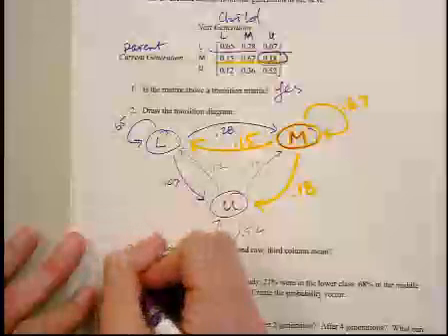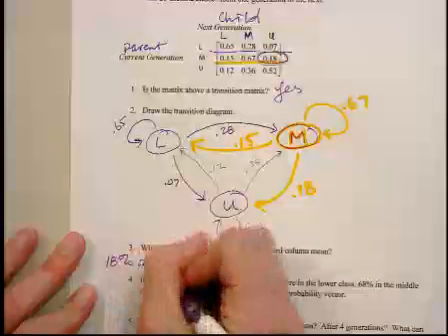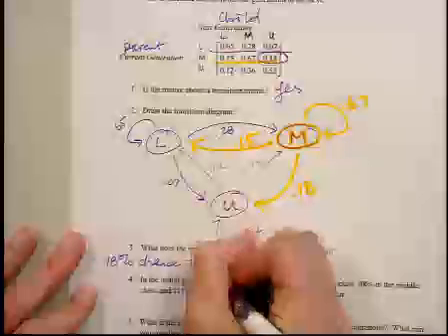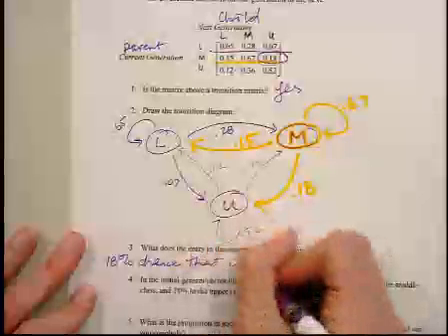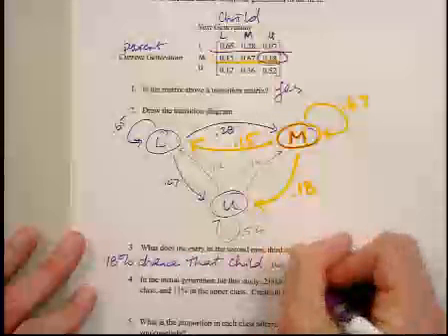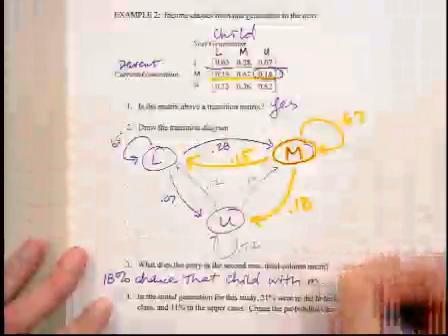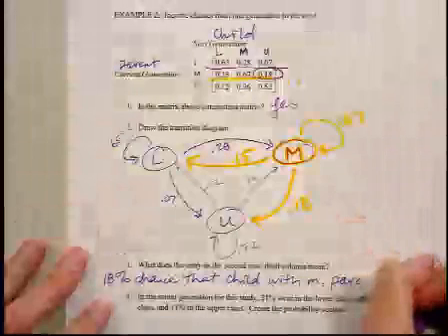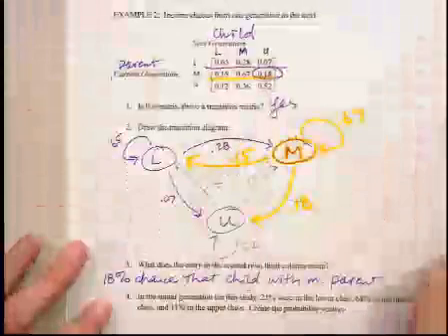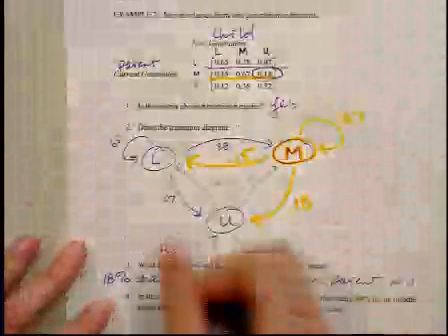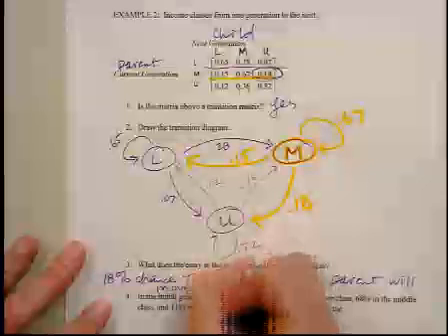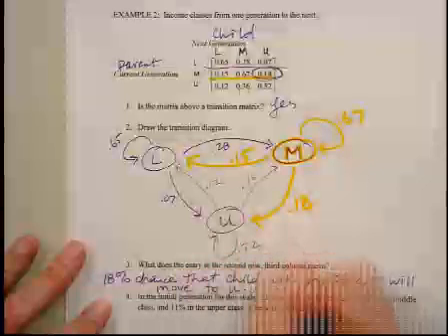So there's an 18% chance that a child, so the child, right, is the next generation, with a middle class parent will become upper class. And I'll say will move to the upper class.